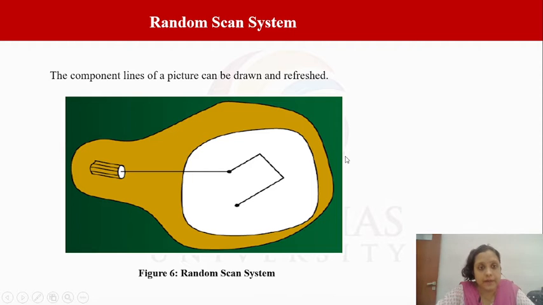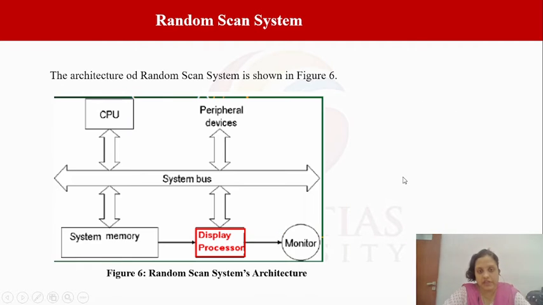Now this is the structure of how to draw an image, how to draw the lines or any image on the screen in random scan system. The component lines of a picture can be drawn and refreshed. Just like we draw with pen and paper, we draw on the random scan system according to our figure.